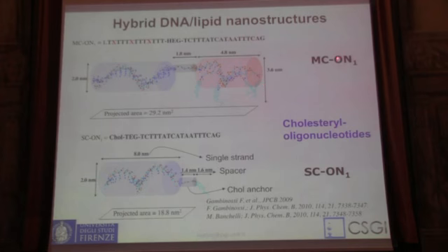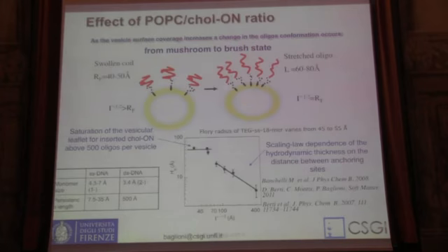We call it a mono cholesterol derivative, and you can attach one single cholesterol derivative or two or three or four, and then you can use DNA like a surfactant. At this point, the DNA behaves like a surfactant. So we have a sort of cholesterol oligonucleotide. And what we study is how DNA behaves on the liposome.